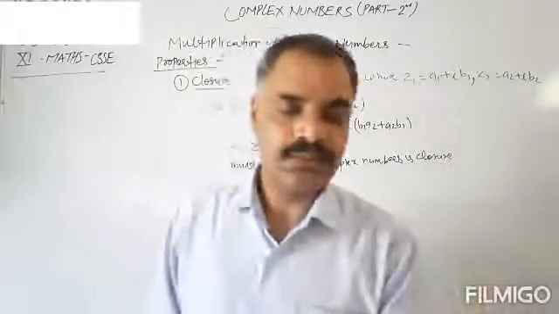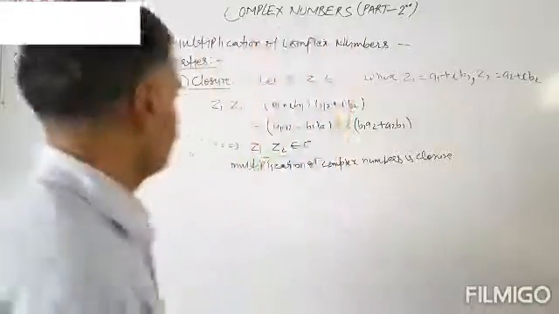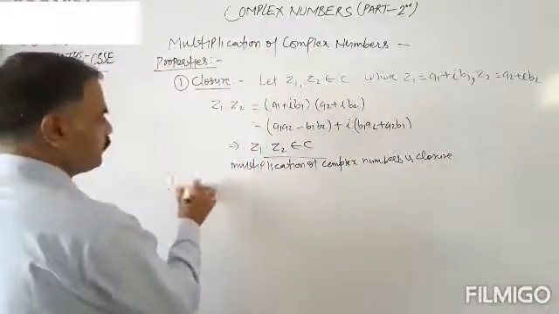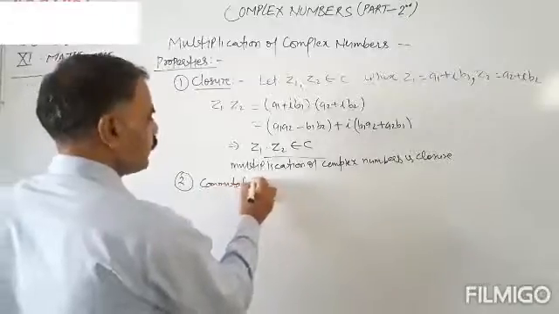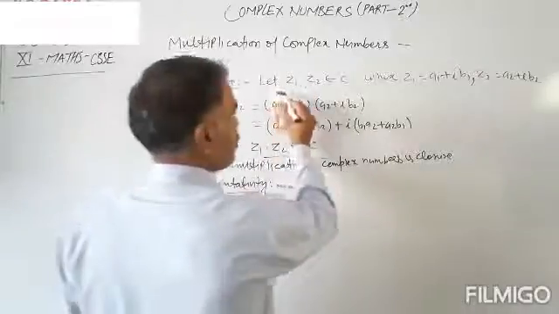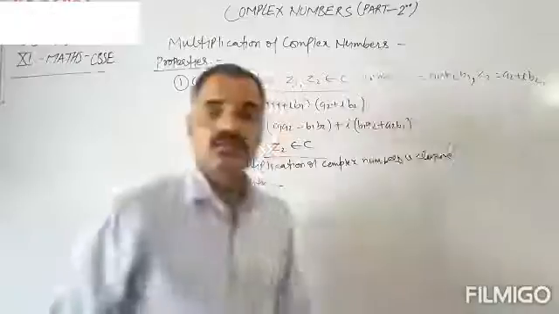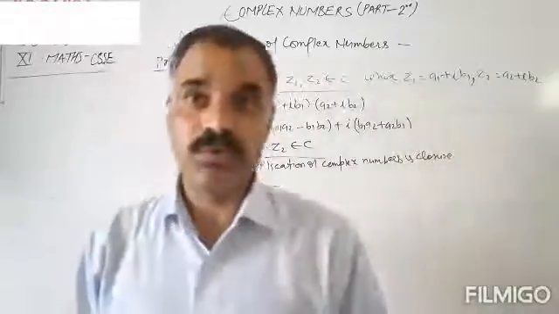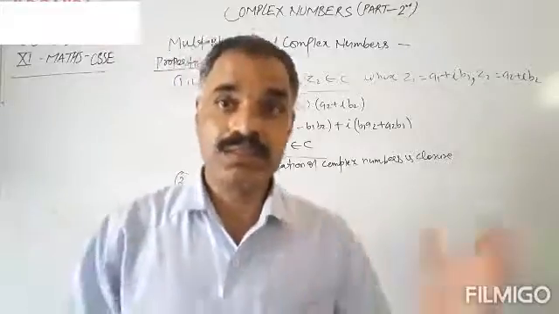Now the next property is the commutative property. So the second property is the commutative property, the commutativity of two complex numbers. We will consider the same complex numbers Z1 and Z2 throughout this video. So don't get confused about what Z1 and Z2 mean.